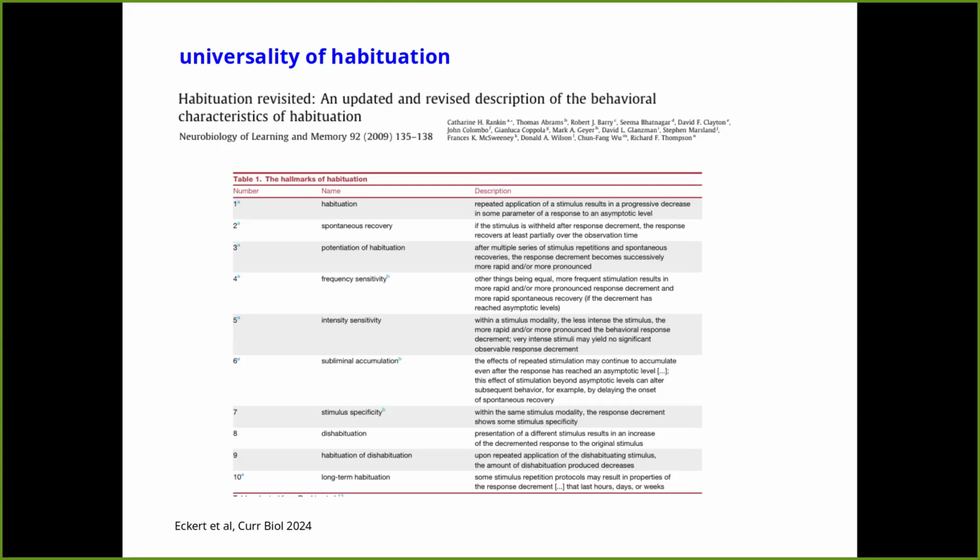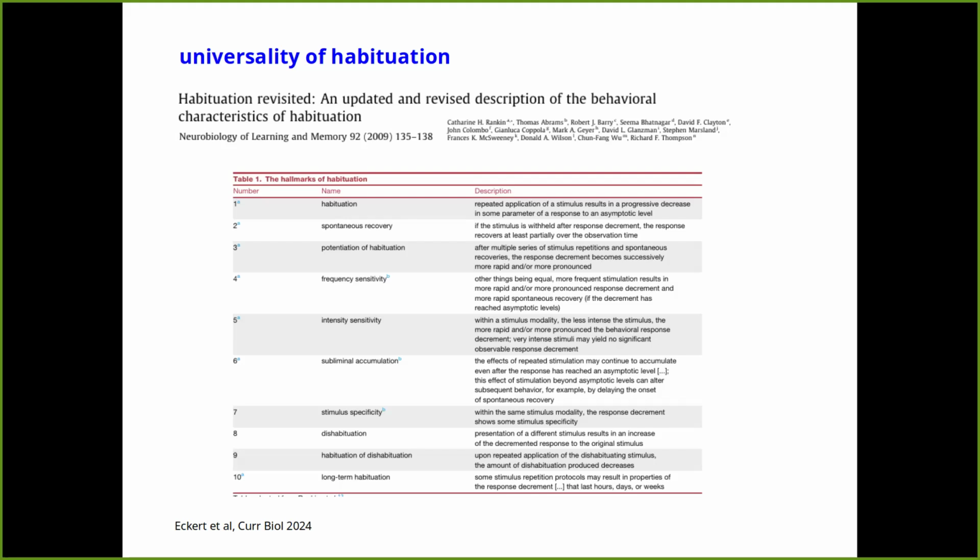And these were codified. There was a famous meeting of vertebrate and invertebrate psychologists and neurobiologists from both the vertebrate and invertebrate communities, which don't normally talk to each other. And they codified a set of 10 hallmarks that seem to characterize habituation across the animal kingdom.